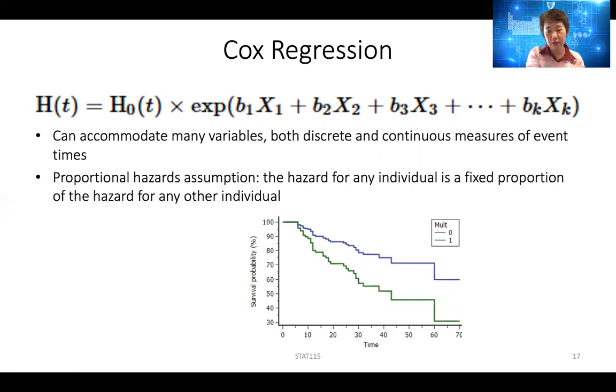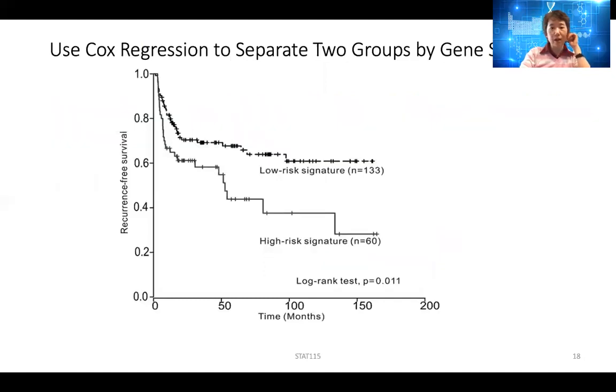So when you do this Cox regression model, it will tell you that this variable is significant, the next variable is not so significant. And so you can look at many variables together, and they could be either categorical or continuous, like gene expression levels. So that's kind of the different ways you can look at this.